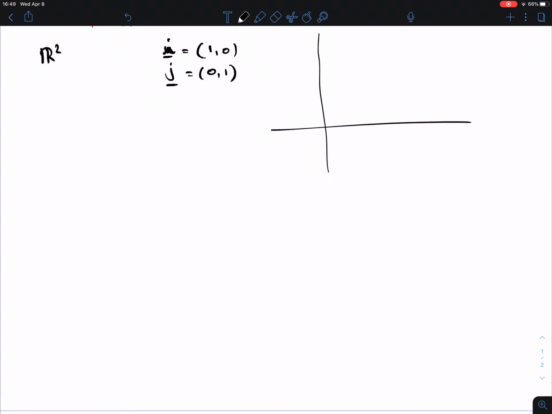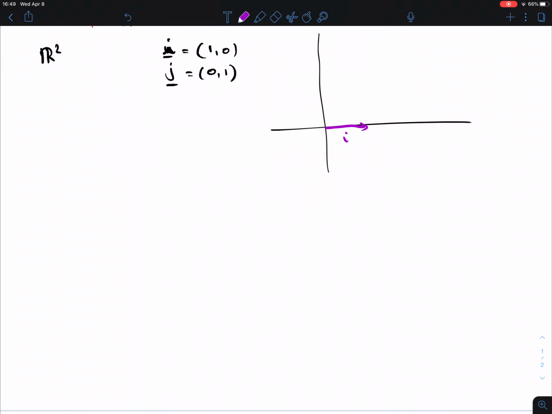So let's look at a very, very simple example. In R square, I claim that the following two vectors, let's write them as I, and J, which is 0, 1. Remember, if I would put this on the Cartesian plane, my two vectors, I use them in somewhat different colors.